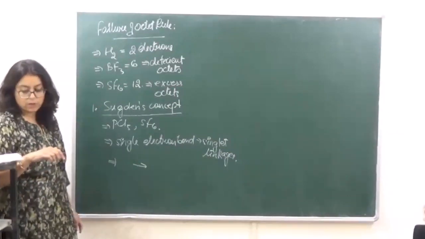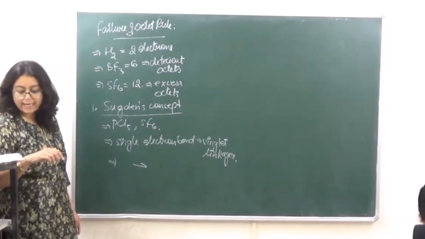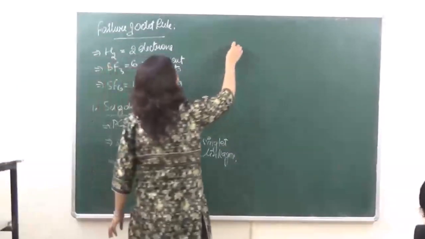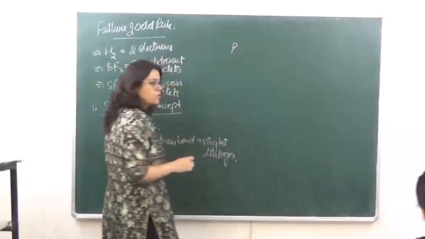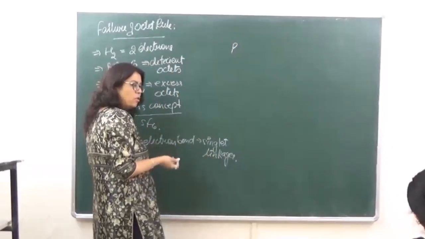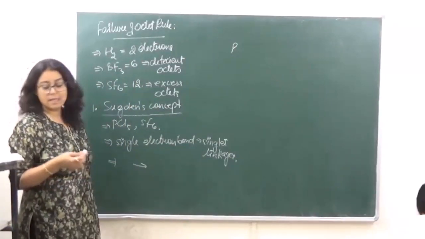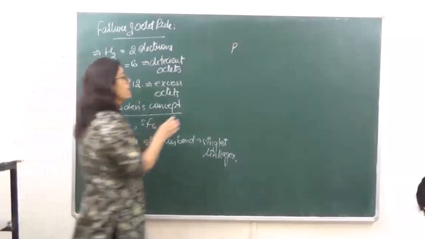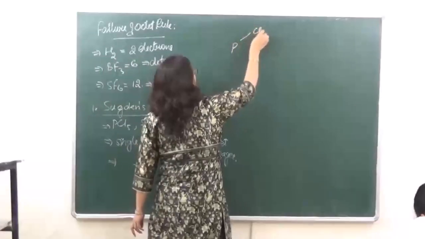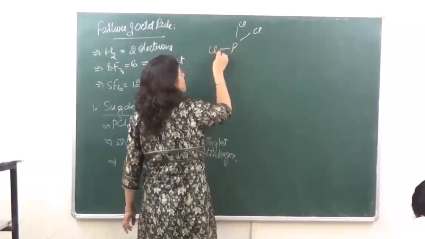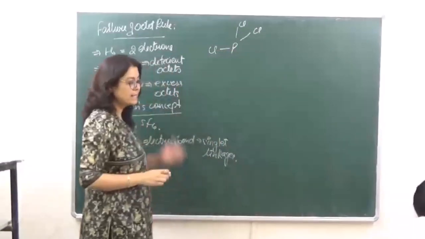Okay, so we're looking at the molecule of PCl5. We know that phosphorus has how many electrons in the outermost shell? 5 electrons, right? So in this case, certain single bonds are formed, like phosphorus can form bonds with 3 chlorines.